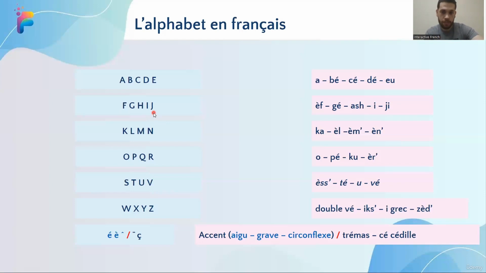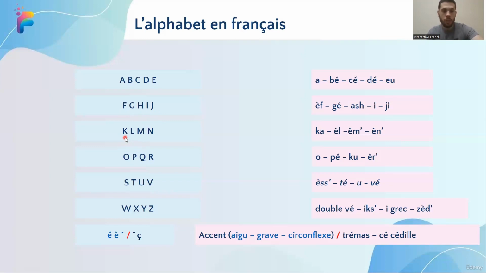So again, we've got F, G, H, I, J. All right, let's move on to the next row, starting with K.